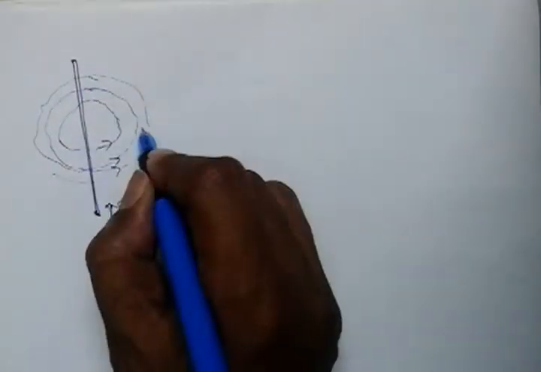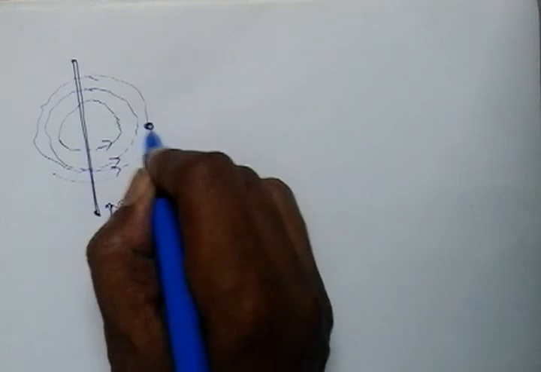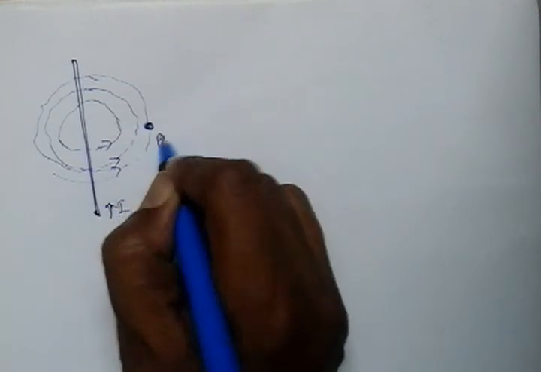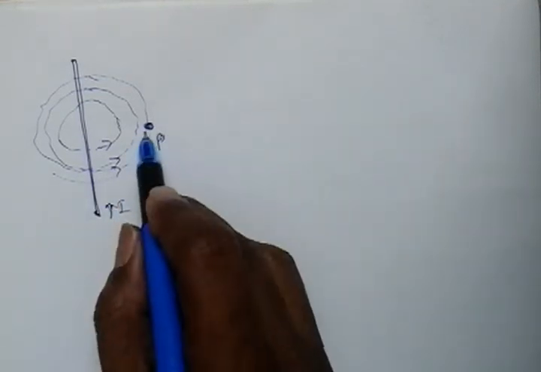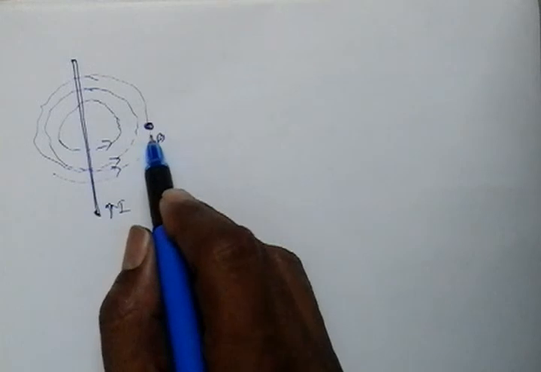Now suppose you want to determine the magnetic field strength at a point, say point P. This magnetic field strength is also called the magnetic field intensity.